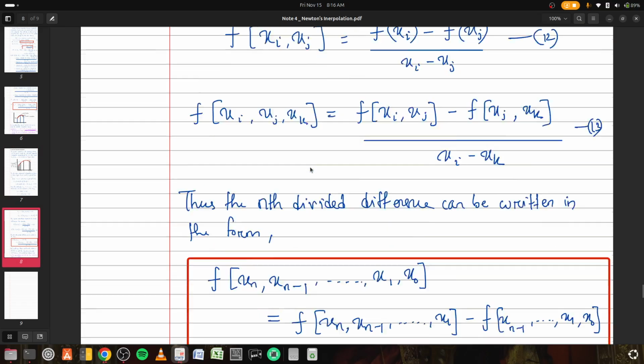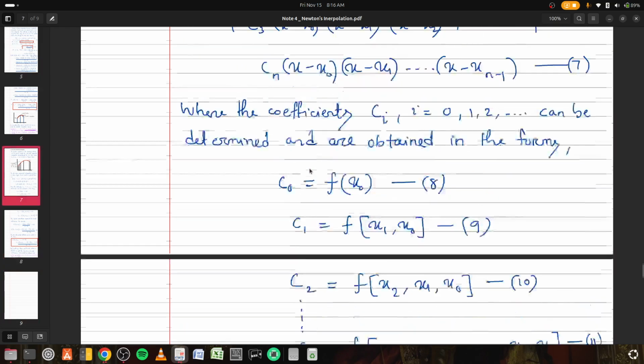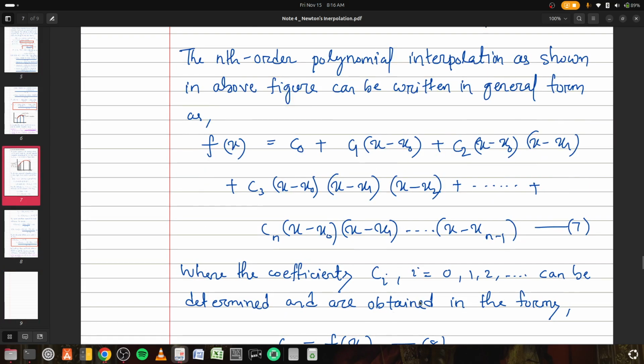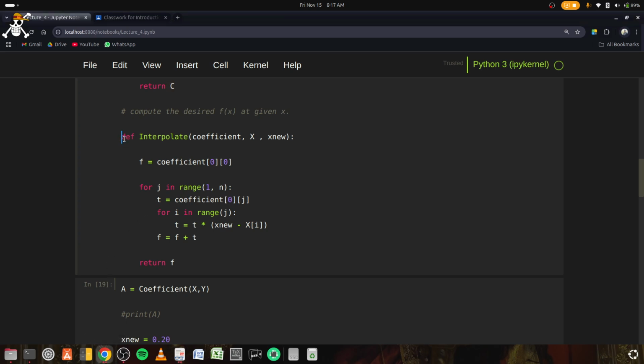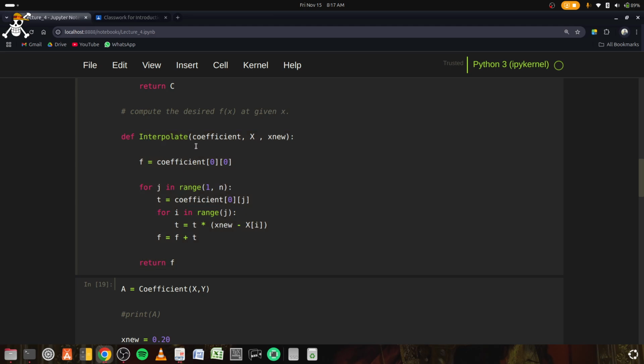Then you have to find the polynomial, the f of x function, and to find that we are defining this interpolation function, the interpolate function. The first input is the coefficient matrix.